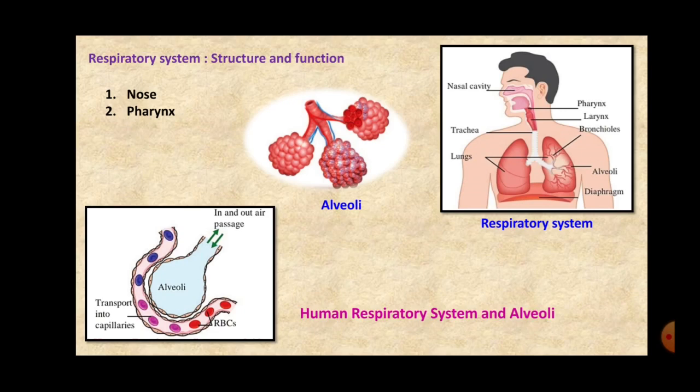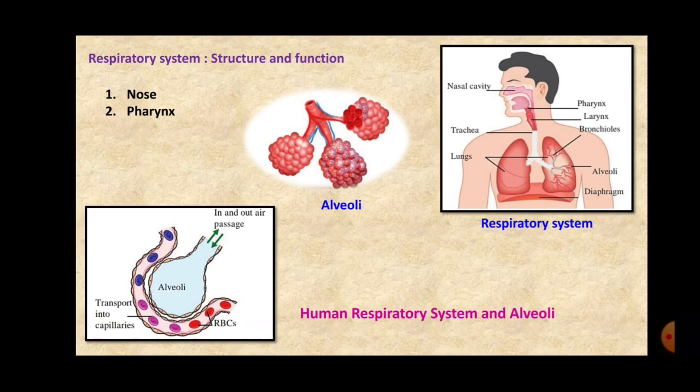Now at the opening of the windpipe, there is a flap-like structure which opens or closes the entry of food particles into the windpipe, because both the openings are together, windpipe and the food pipe. So when we are eating the food, the windpipe is closed with the help of a flap-like structure so that the food particle does not enter the windpipe.